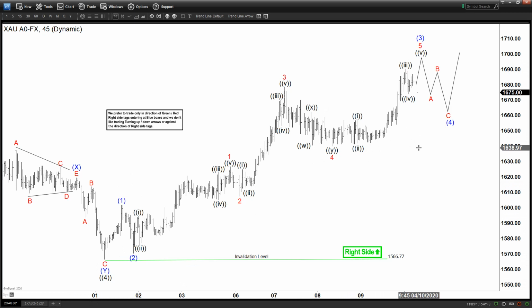So that is what we are looking for right now. And as far as we stay above 1566, technically we could still see further upside.